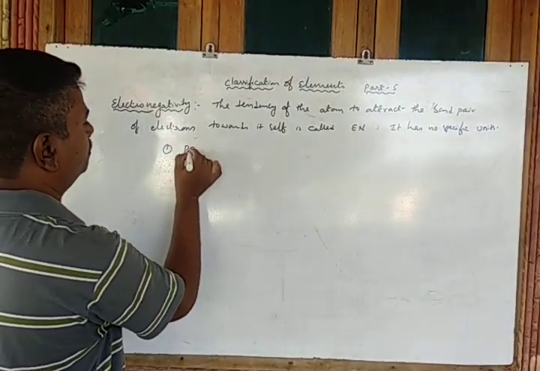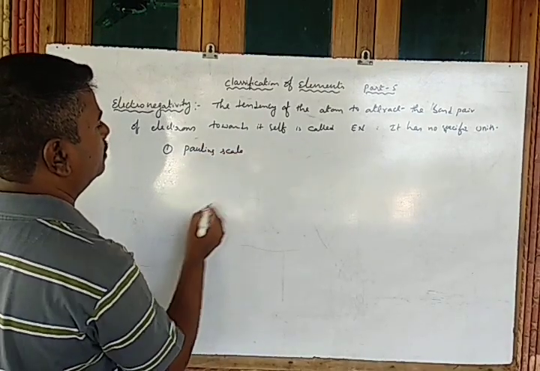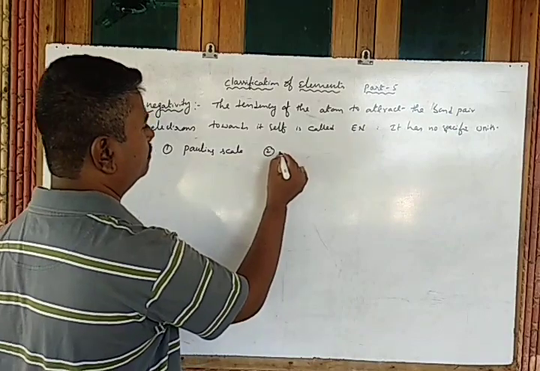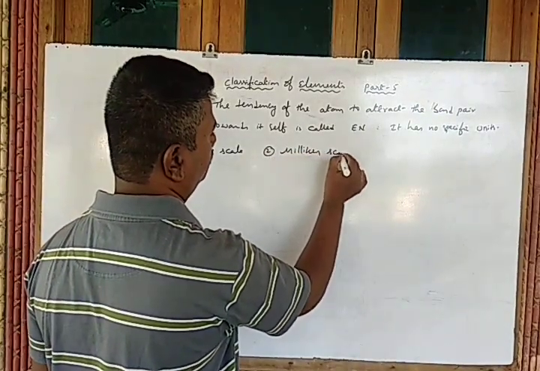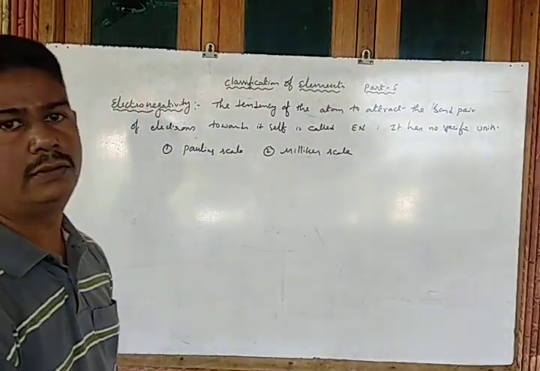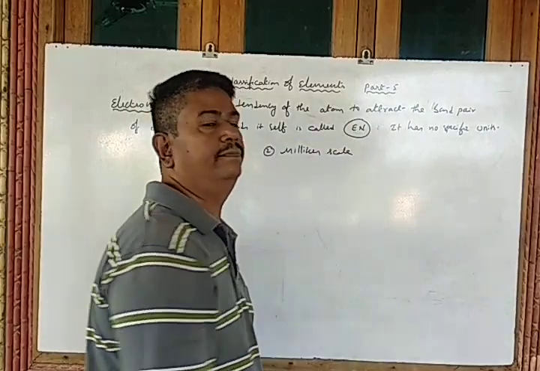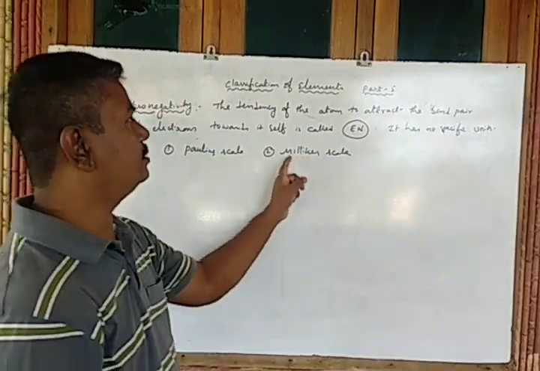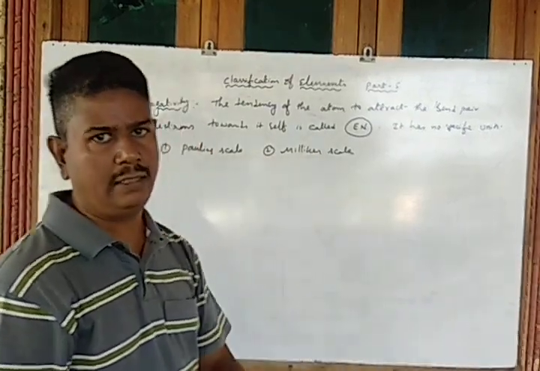One is the Pauling scale, and the second one is the Millikan scale. So we have two scales to measure electronegativity. How is electronegativity measured by the Pauling scale as well as the Millikan scale? Let us discuss now.